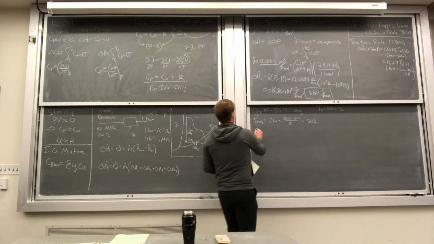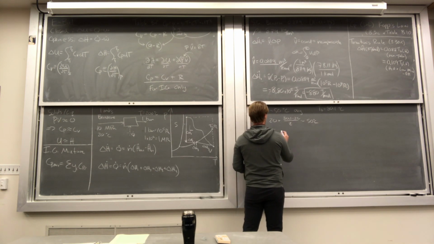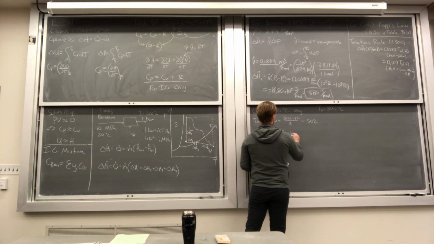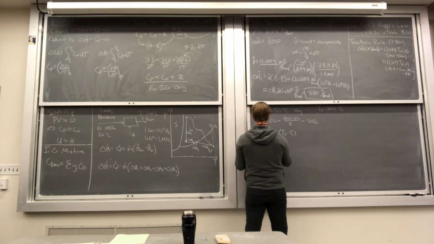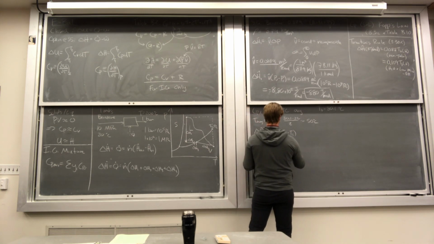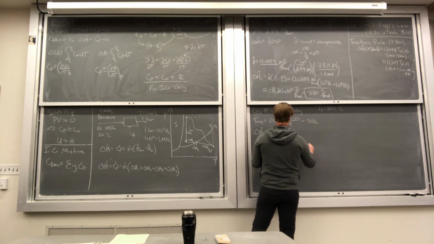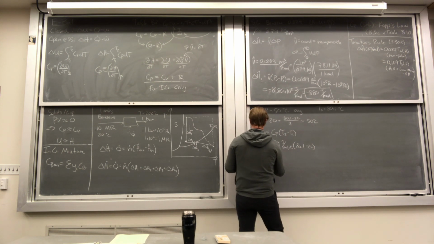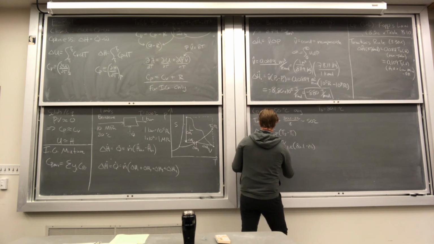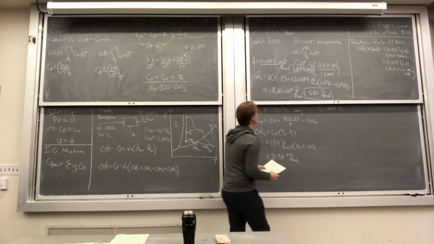So in this case, my delta H2 is going to be C sub P multiplied by T2 minus T1. If I find appropriate data sources, 139 joules per mole Kelvin, 80.1 minus 20, I get a value of delta H2, 8.38 kilojoules per mole.